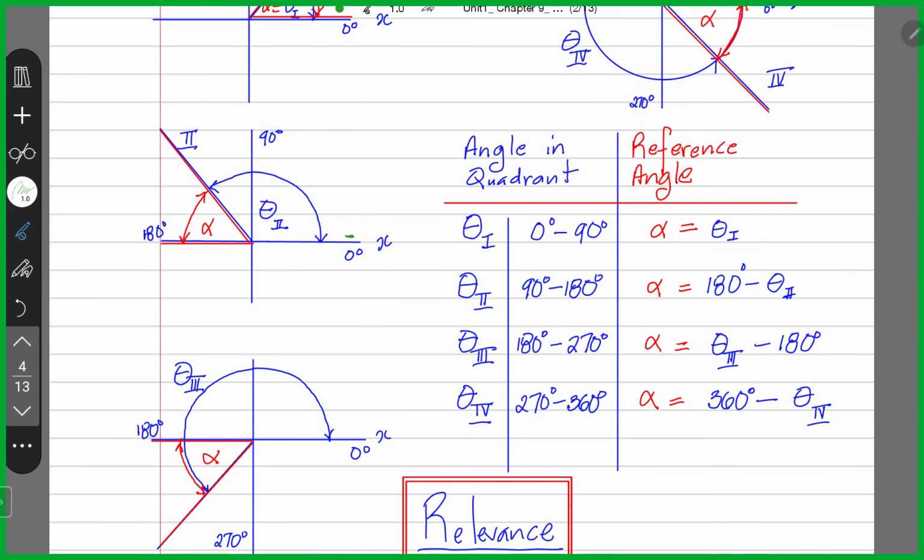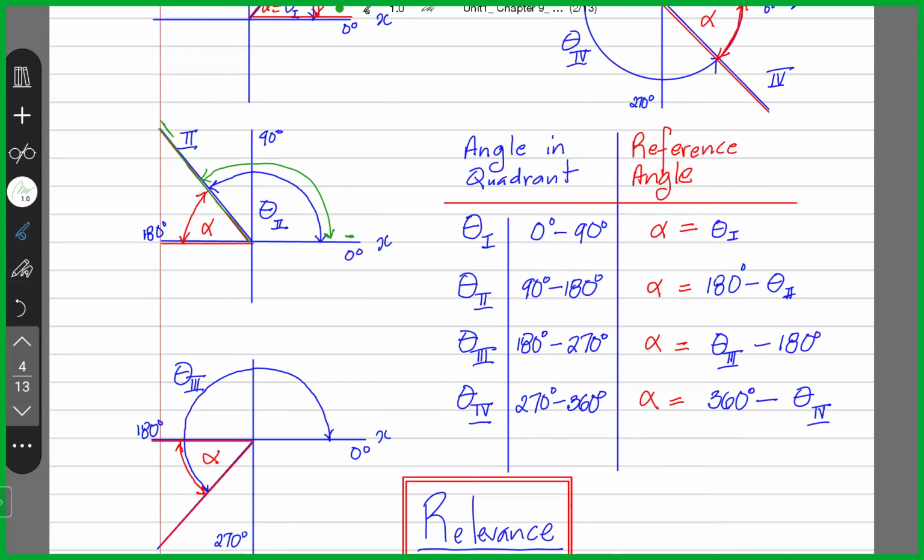We have 0, that's the first side. This is the terminating side of the angle. So this is the angle. The angle is theta. The terminating side of the angle is here. Now, the angle that the terminating side makes with the x-axis, that red angle there, is called the reference angle.